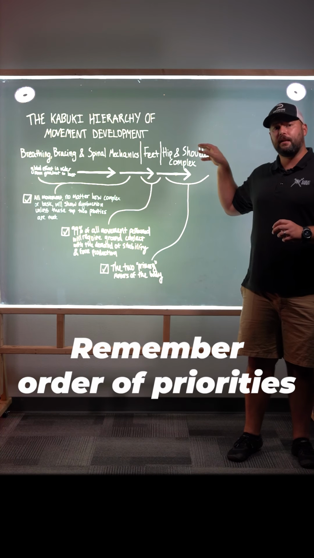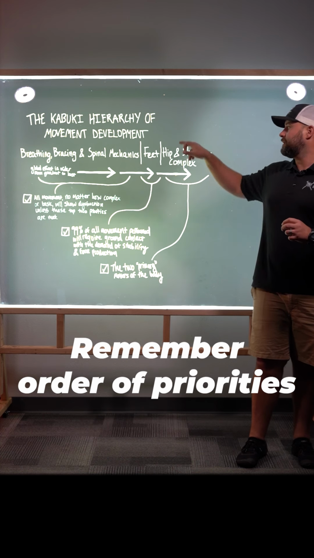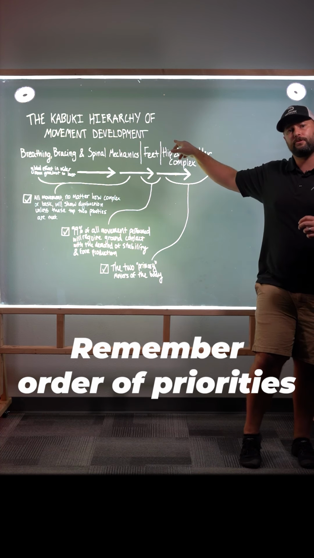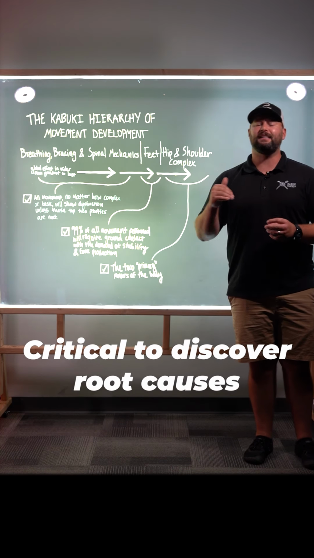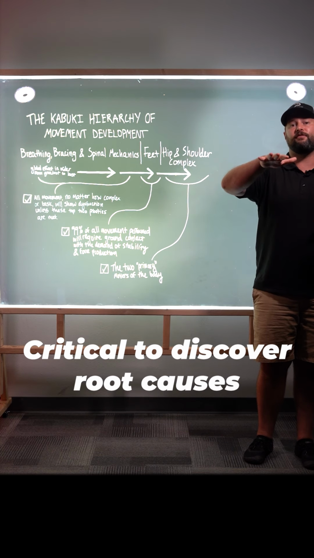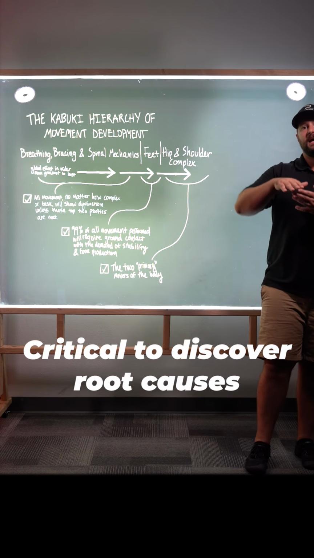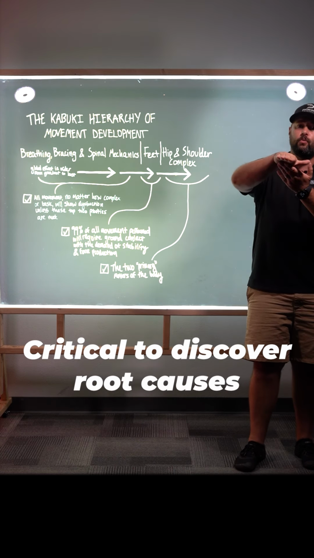But as it pertains to the knee cave issues, if we only address the hip and jump immediately to external rotation work, we might not ever discover that the real cause of that knee cave problem was excessive foot pronation or even excessive foot supination. What that kind of looks like is really rolling out in your squat with your feet, or even really rolling in.